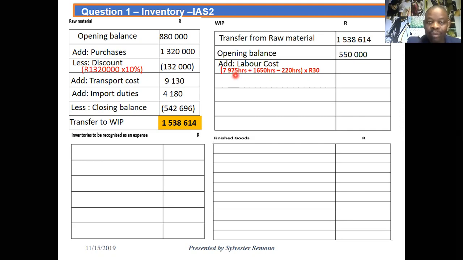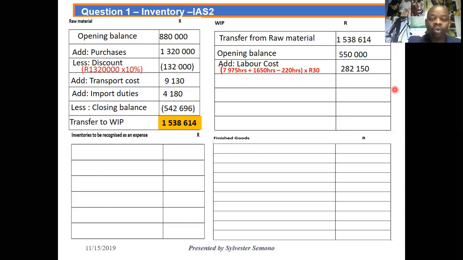And remember, you must add the idle hours and deduct the unplanned idle hours, okay, due to strike. Can you see? So you must take the normal hours plus the idle hours minus the unplanned strike hours, and thereafter you multiply them by the labor cost that they give. The labor cost which was incurred was 30 rand per hour. So after doing that, we get 282,150.